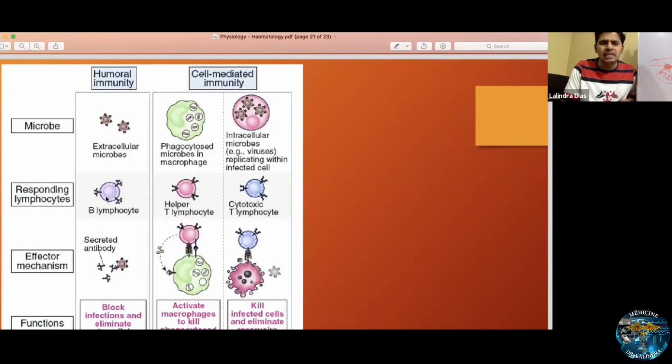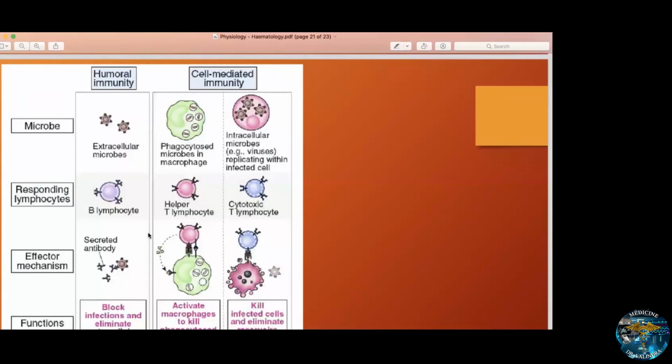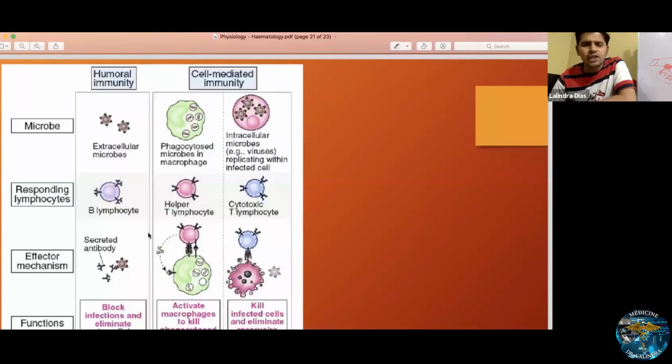So here we can see under humoral immunity B lymphocytes, and you can put an arrow and write antibodies. Cell-mediated immunity, you have the T helper lymphocytes and the cytotoxic T lymphocytes. Helper T lymphocytes are CD4 cells, and the cytotoxic T cells are called CD8 cells.